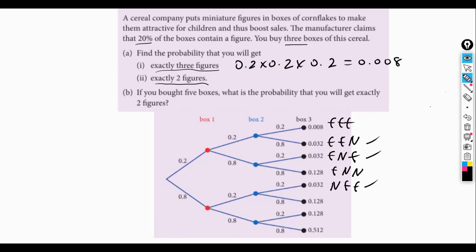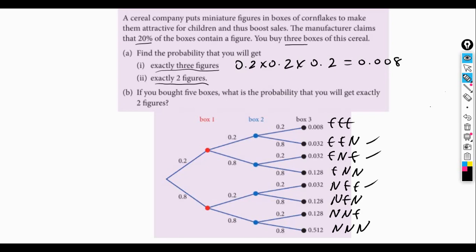So this is another one. And then here we would have no, figure, no, then no, no, figure, and no, no, no. So that means that there's 3 occasions in which you could get exactly 2 figures.